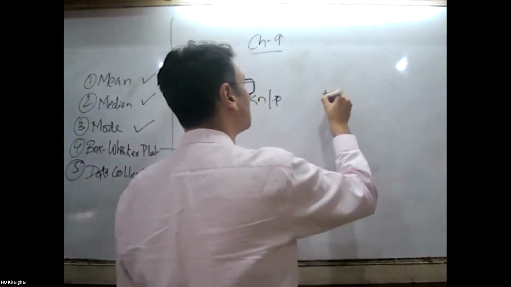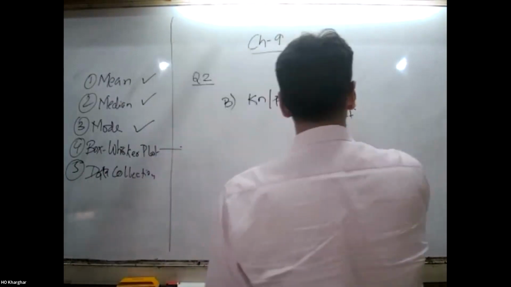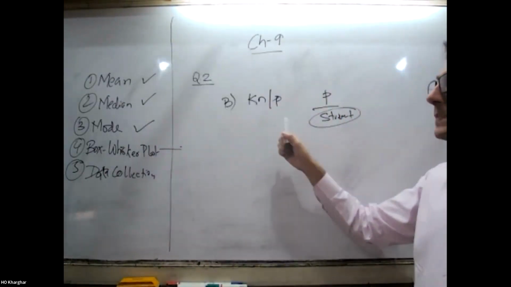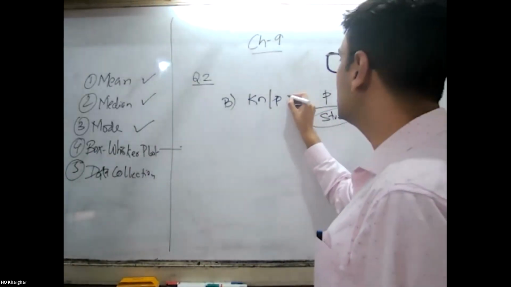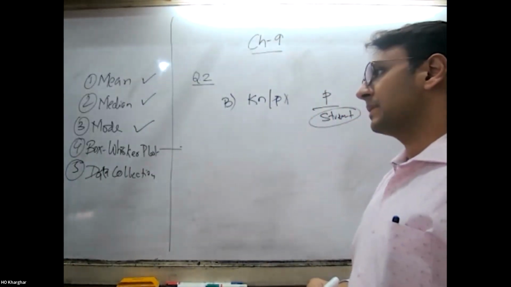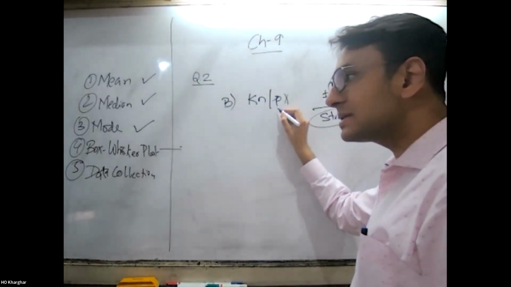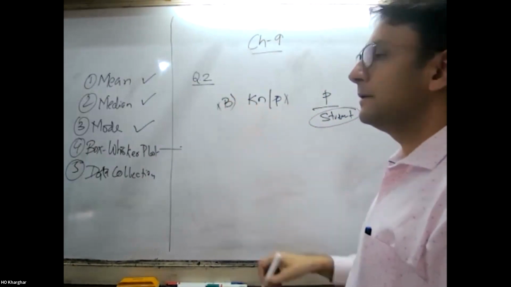So for sure, the denominator contains students. Option B has pencils in the denominator, so option B is for sure not the answer. P has to be in the numerator. Possible answers are A, C, D.